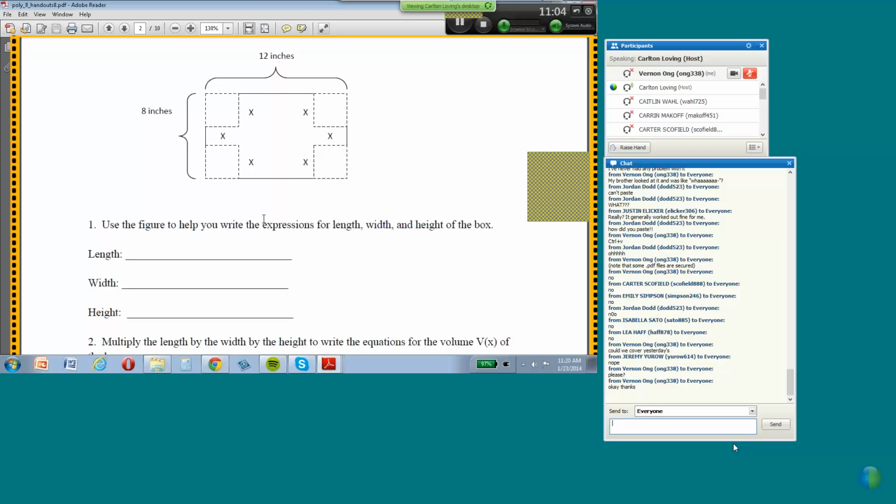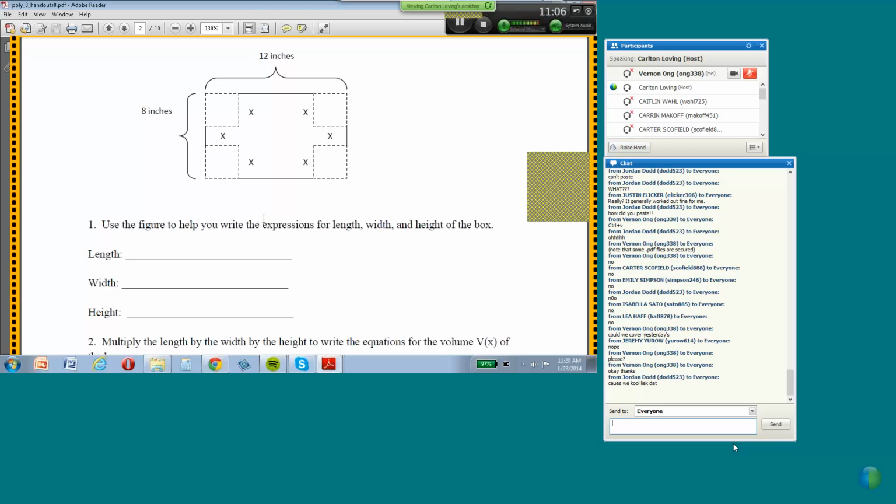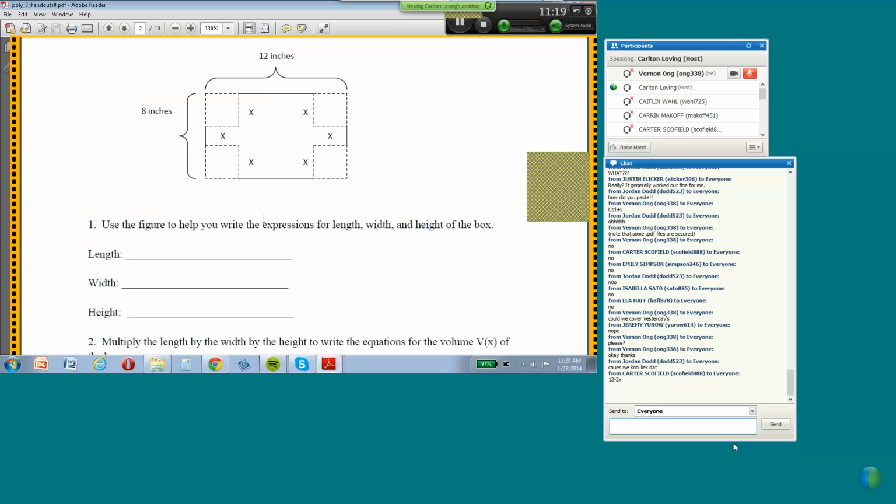So if we take a look at this diagram, which greatly helps us, what is going to be our length in relation to this diagram?